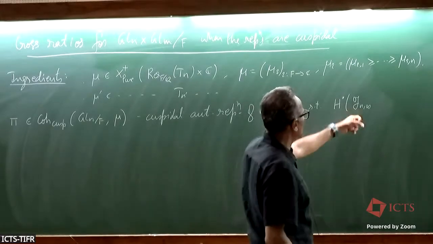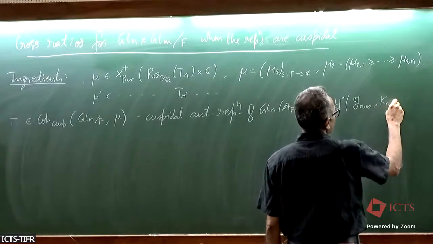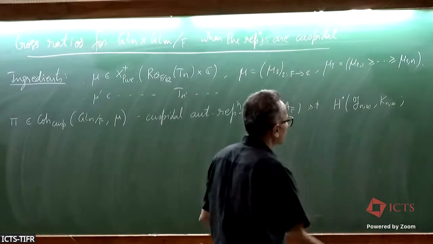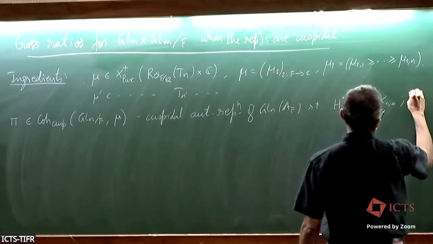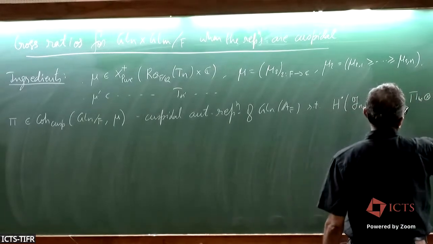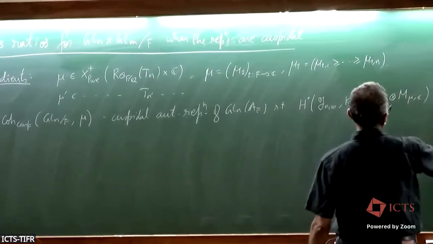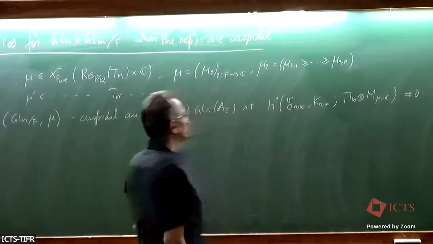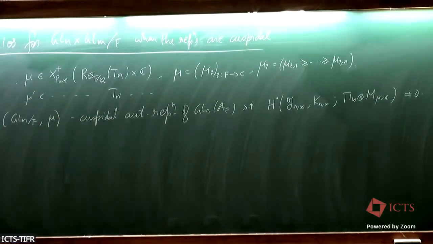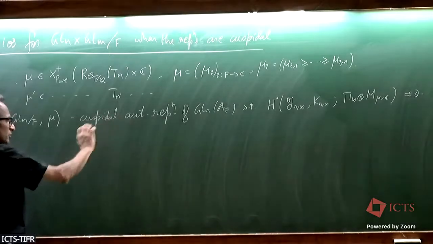You take its Lie algebra, that's this g_n infinity. Take its maximal compact, which is a product of unitary groups, of the representation at infinity, twisted by the finite dimensional irreducible representation with highest weight mu.